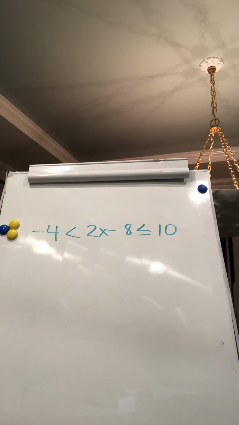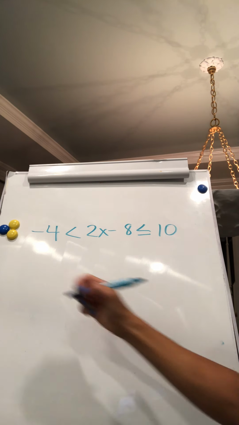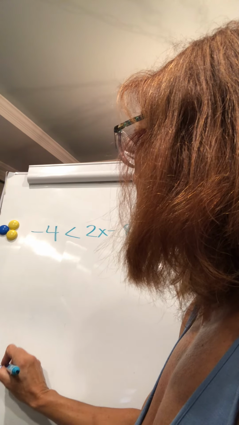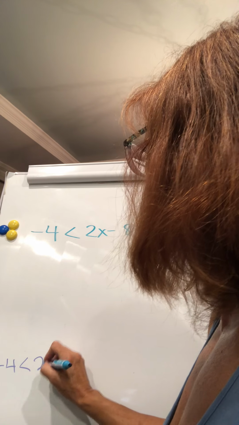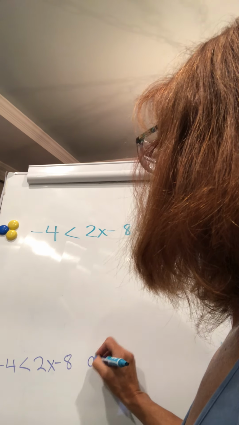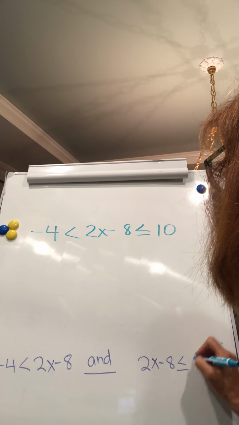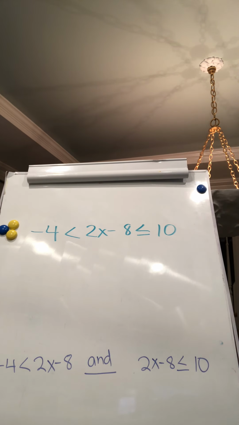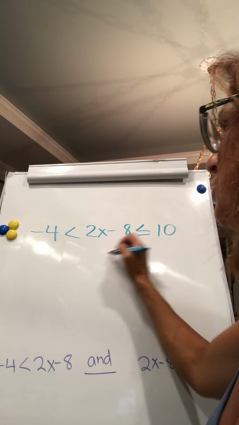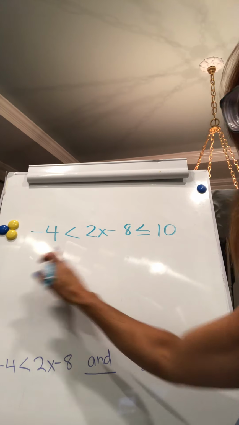You can work on this all in one, or you can split it up into two inequalities. If I were to split it up, I would split it as -4 is less than 2x minus 8, and 2x minus 8 is less than or equal to 10. But I'm going to go ahead and solve this just as is. It just means that whatever I do to the middle here, I need to do to each end.